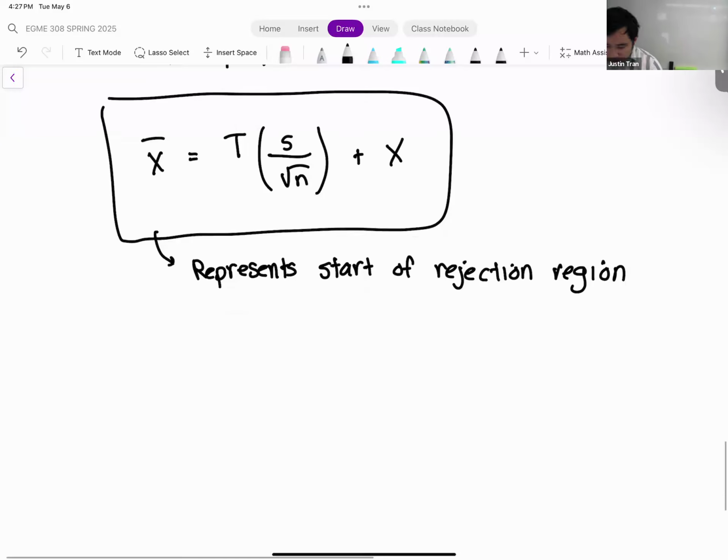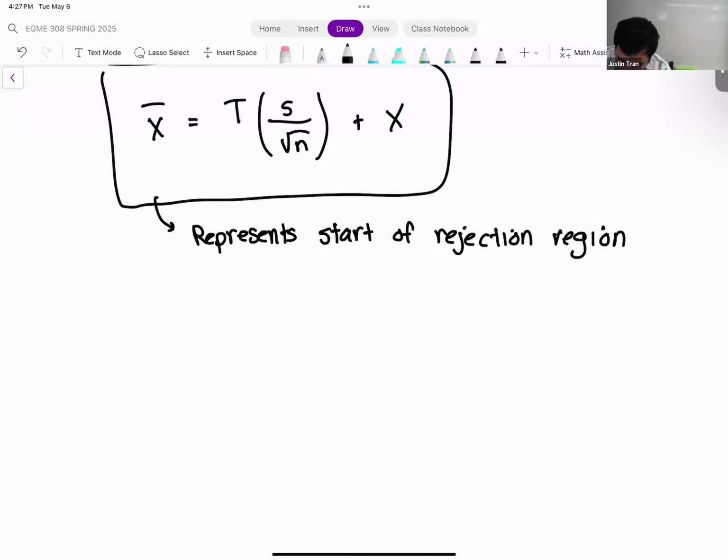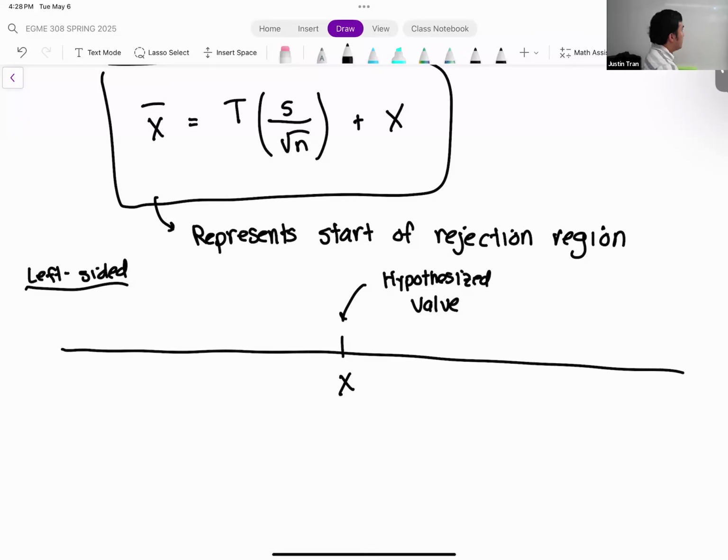I think the better way is to visualize this. If we draw a number line here, and this is our hypothesized value x, and let's say that we are doing a left-sided alternative, then that x bar represents the start of the rejection region.